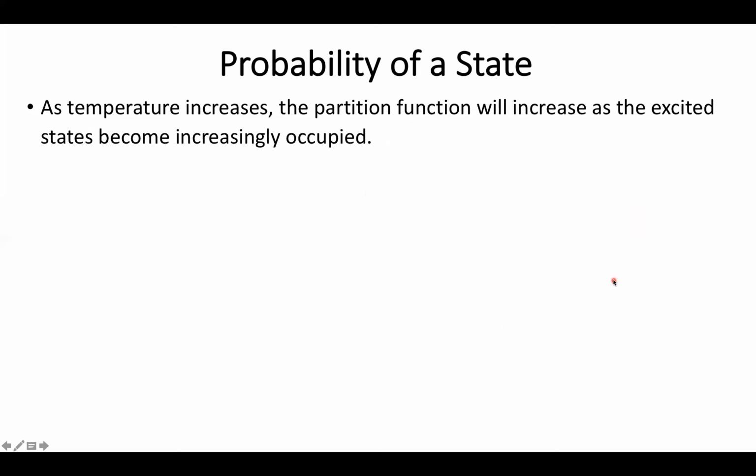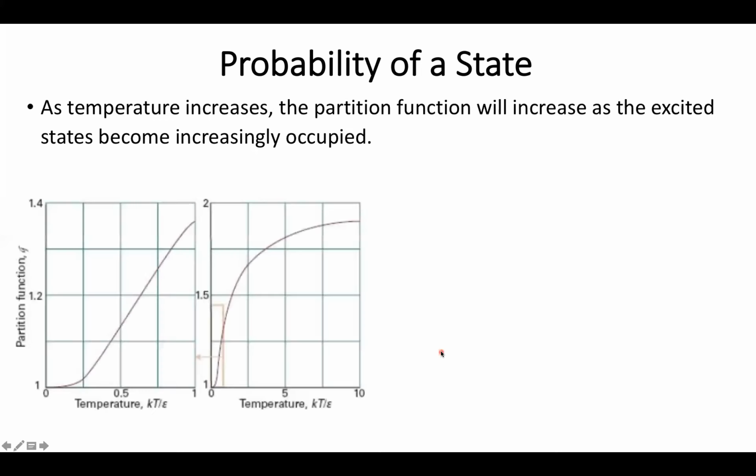So one of the useful things to do is also think about what these changes in energy levels and temperature do to the partition function. So we can demonstrate this again for a two-state system.